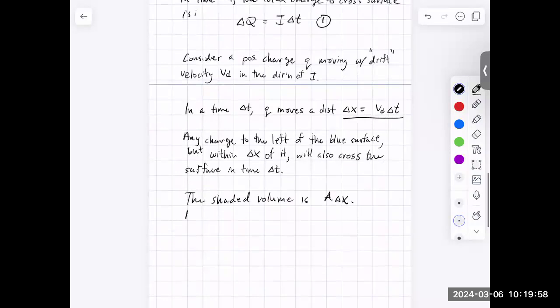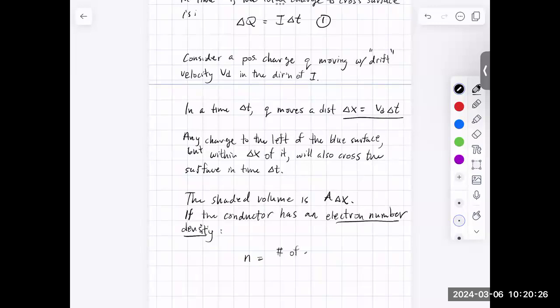Okay, so if the conductor has an electron number density, it's usually given the symbol little n. This is going to be the number of electrons divided by the volume they occupy.